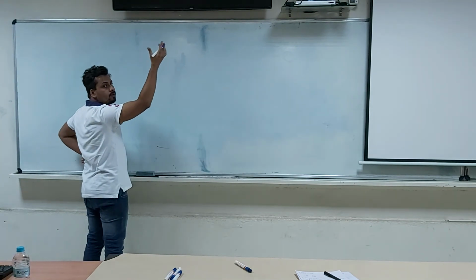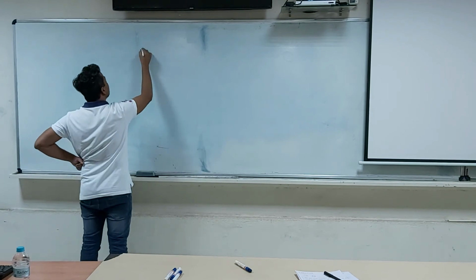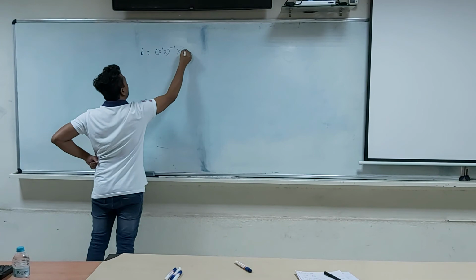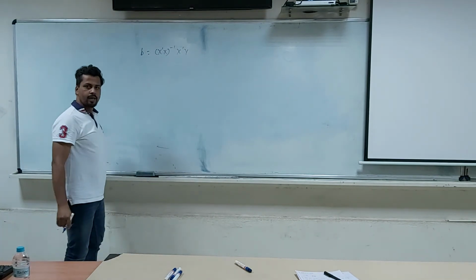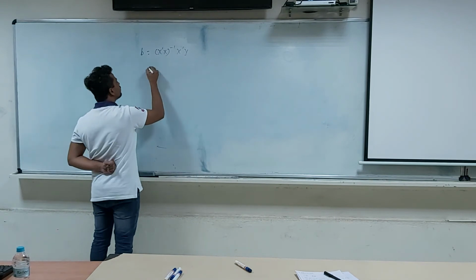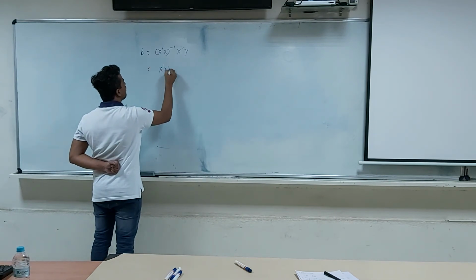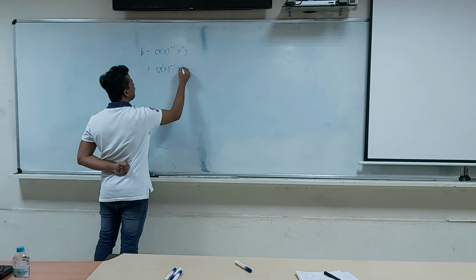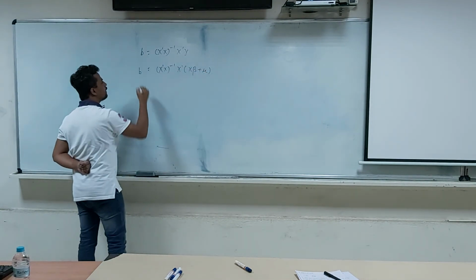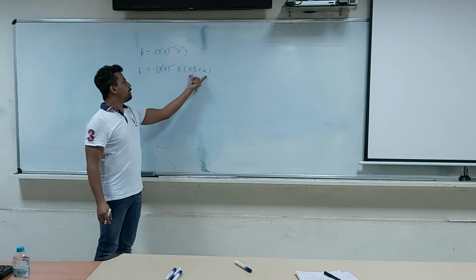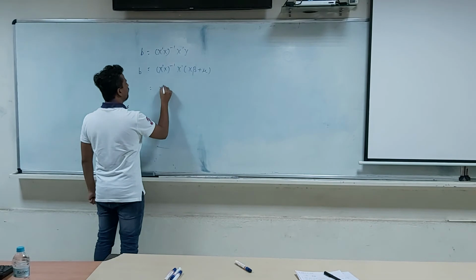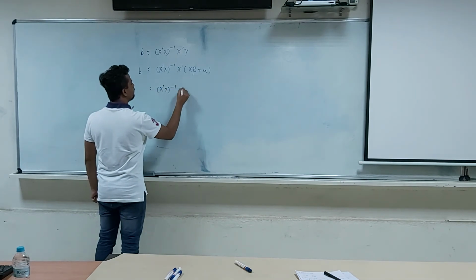So our solution for beta was this, right? Now this y can be replaced by your sample regression function, or rather the population regression function. So I can write it as x transpose x inverse, with y replaced by your population regression function.